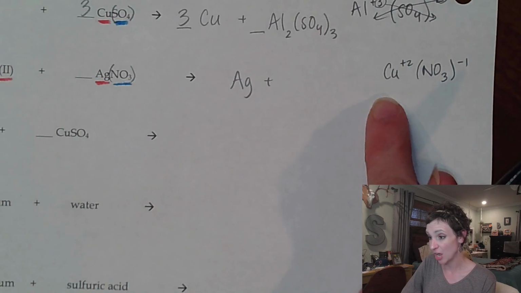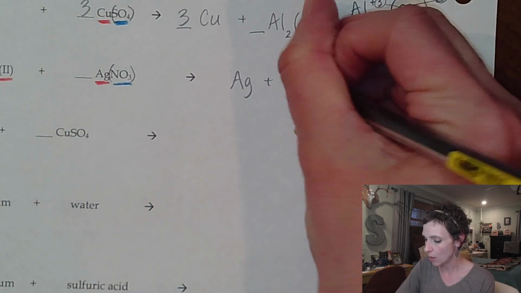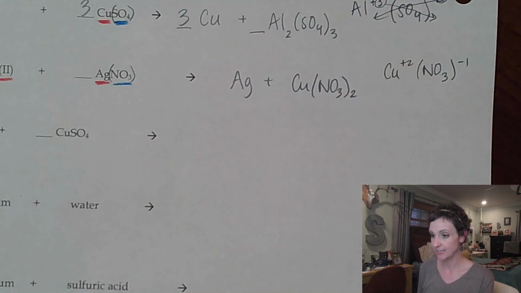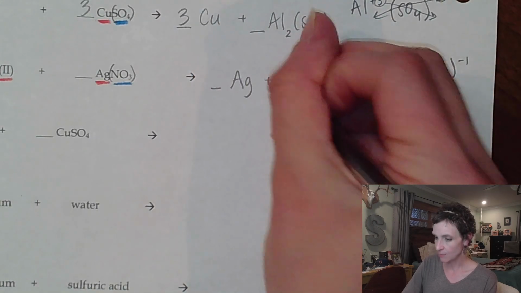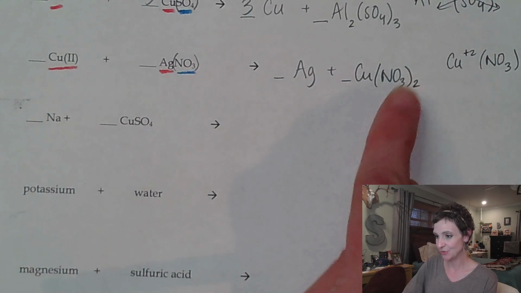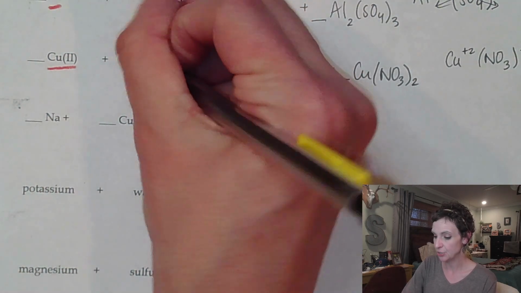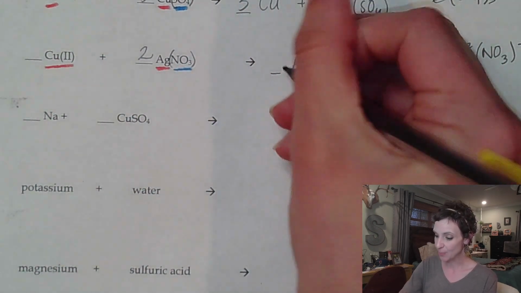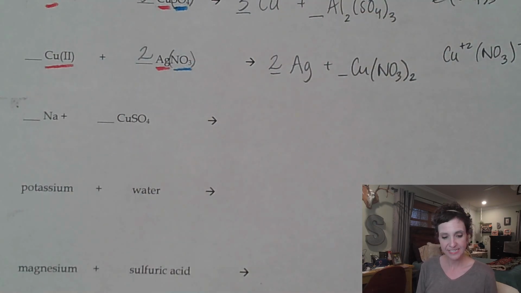So then I have my ratio of copper to nitrate. I will have 1 copper and 2 nitrates. So that is what my product side looks like. I'm going to balance at the end. I see I have 2 nitrates on the product side, so I'm going to put a 2 in front of silver nitrate, my reactant. And then I'm going to put a 2 in front of silver. And then we are balanced.